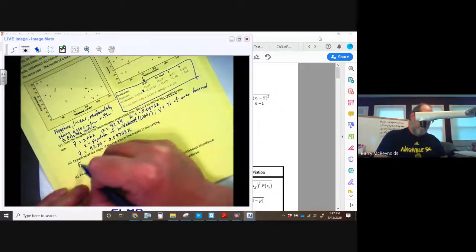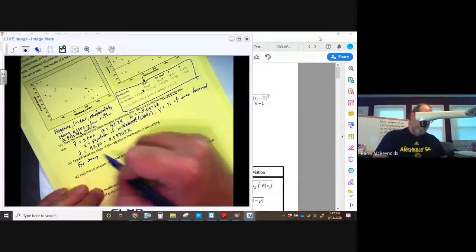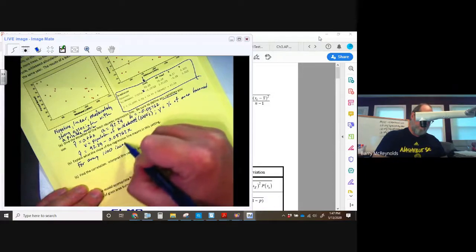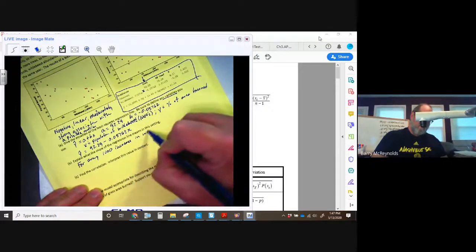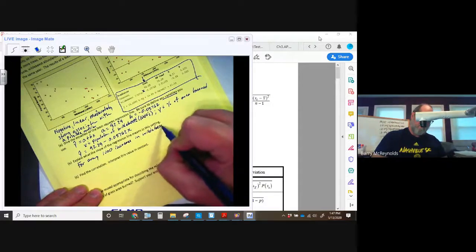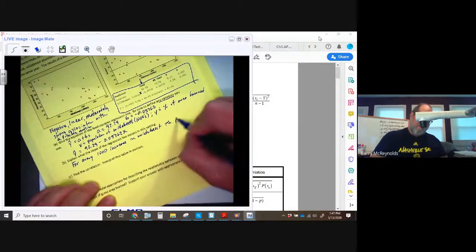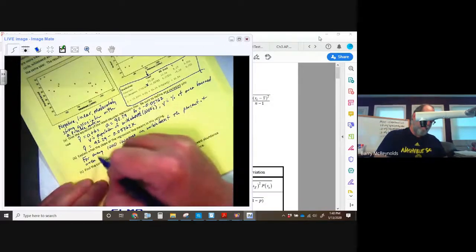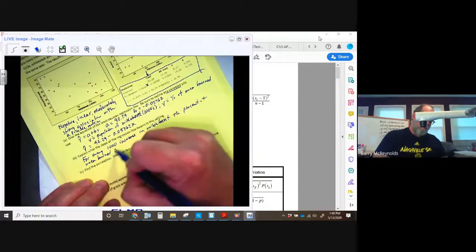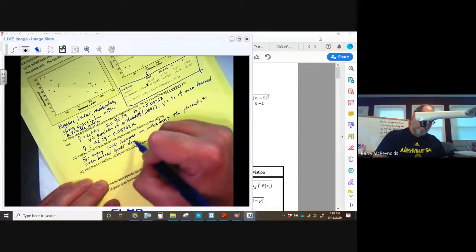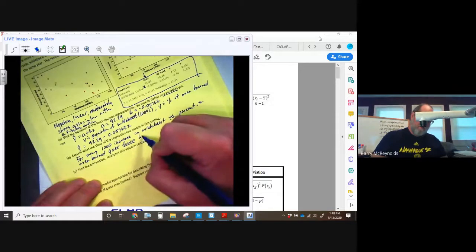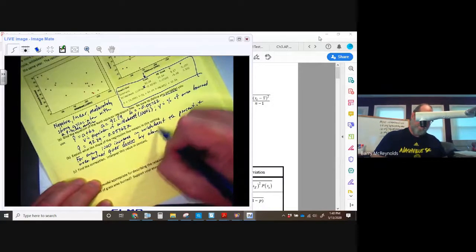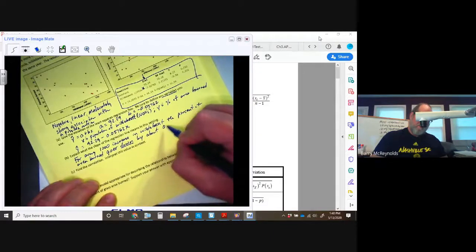So for every 1,000 increase in wildebeest, the percent of area burned goes down by about 0.05.